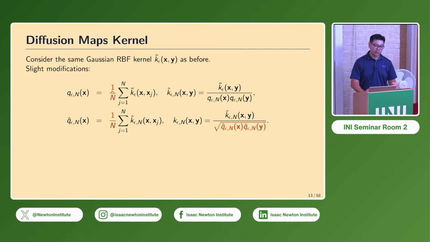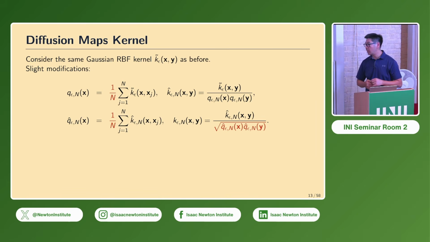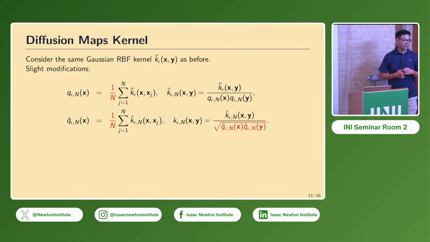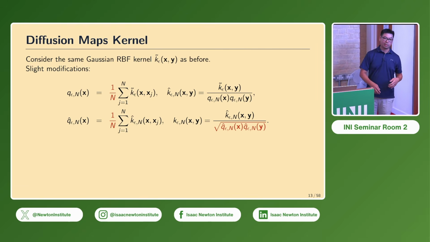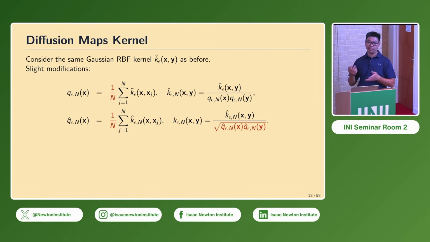Okay, so I add a 1/n factor here. The first normalization is still the same, nothing changed. I average again, but for the second normalization, I take this symmetric normalization rather than making it a Markov kernel. The reason I want to symmetrize is that then I can talk about the RKHS space and so on and so forth, because now it's a kernel.